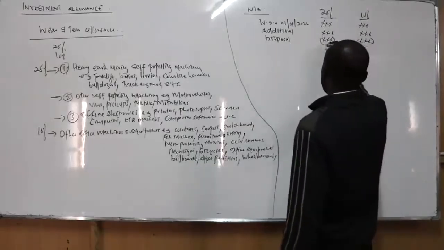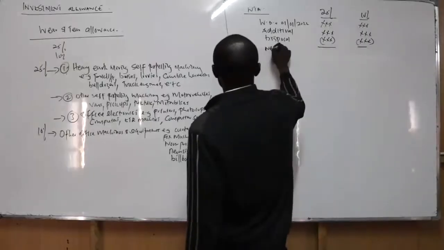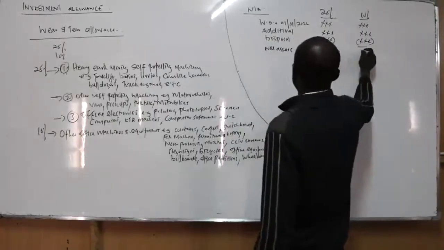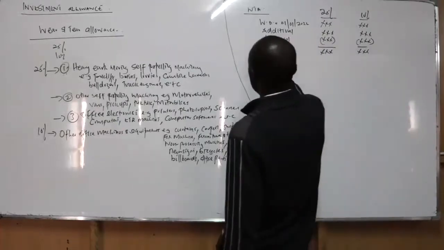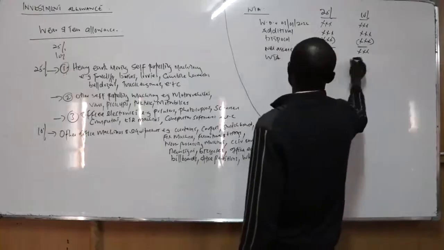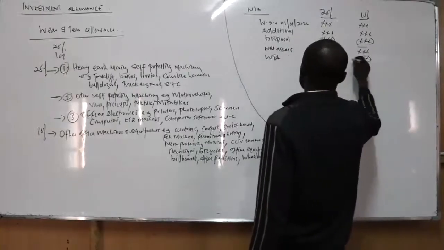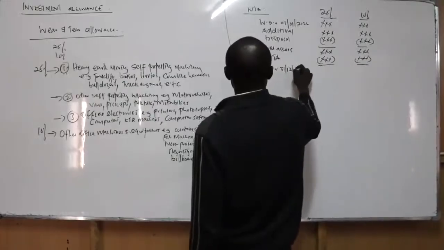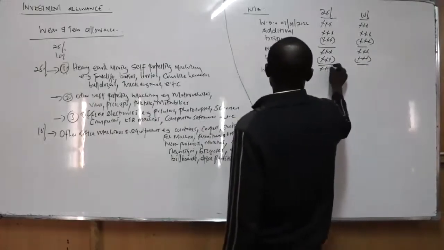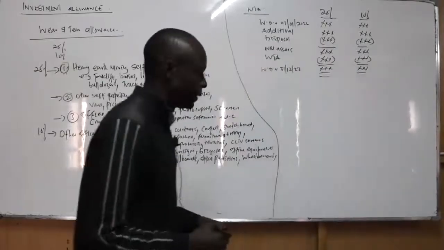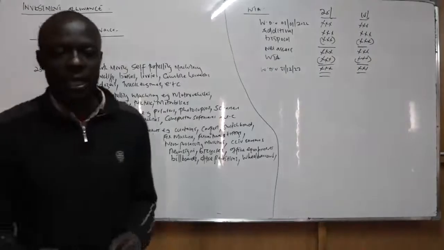And then you get the net assets. Then you compute wear and tear on the net assets. Then you get the written down value, 1st December 2022. So that is how we compute wear and tear allowance.